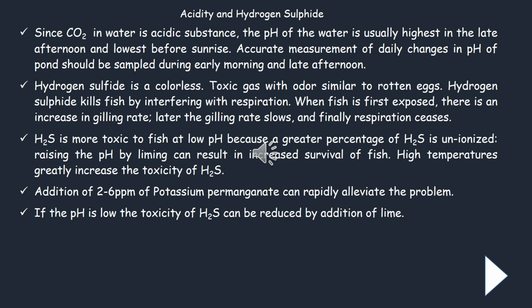The amount of the daily fluctuation is somewhat dependent upon the buffering capacity of the water. Adding agricultural lime to the pond increases the bicarbonate buffering capacity of the water.